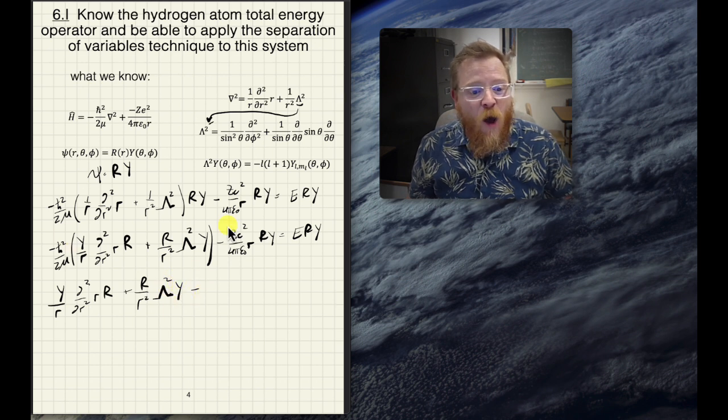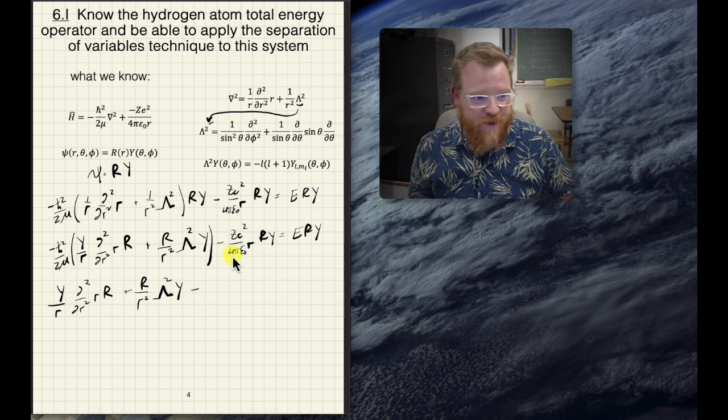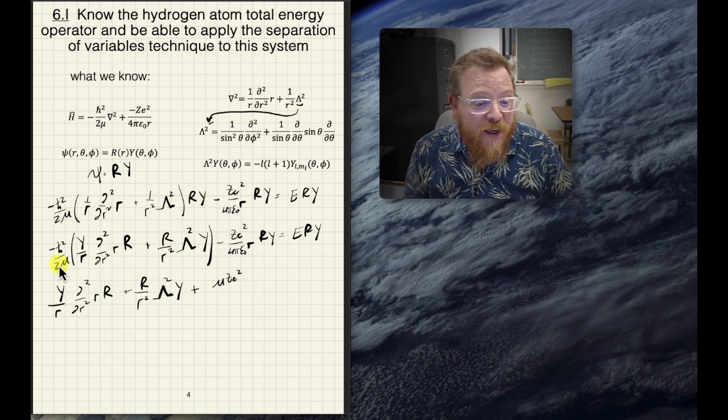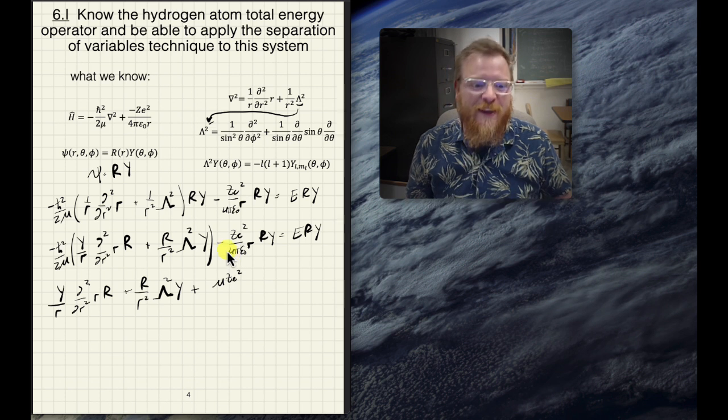And then now I need to apply those constants here to this system. So that's going to be a negative times a negative, which gives me a positive. I can see that I'm going to have a 2 mu ze squared on top. And I've got a 2 right there, but you can also see that I've got a 4 right there.